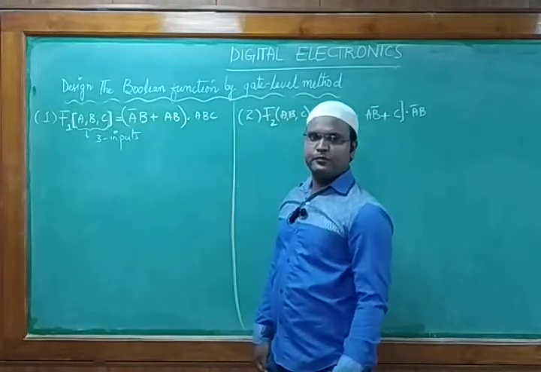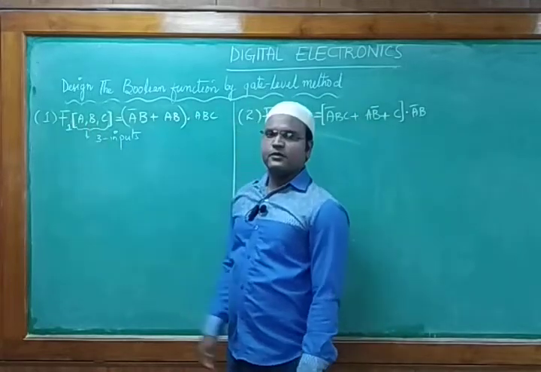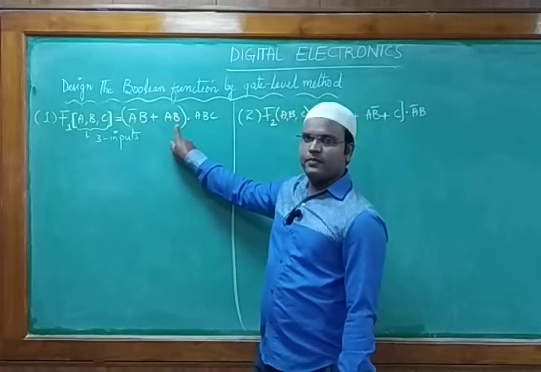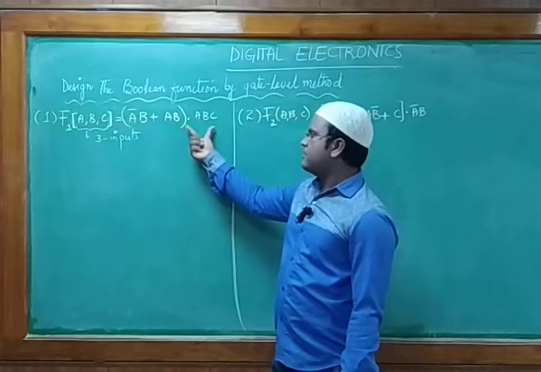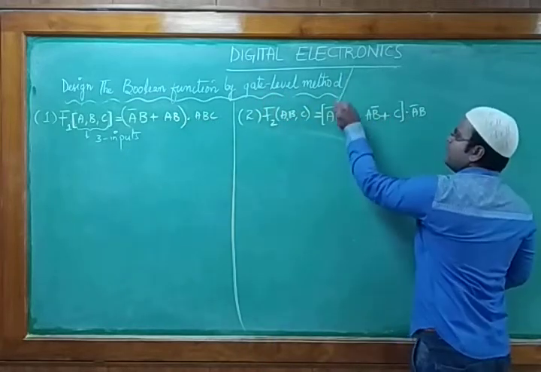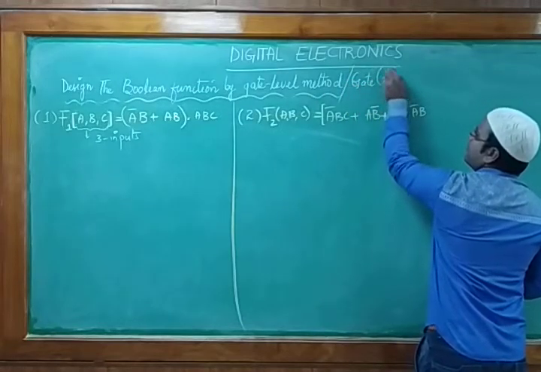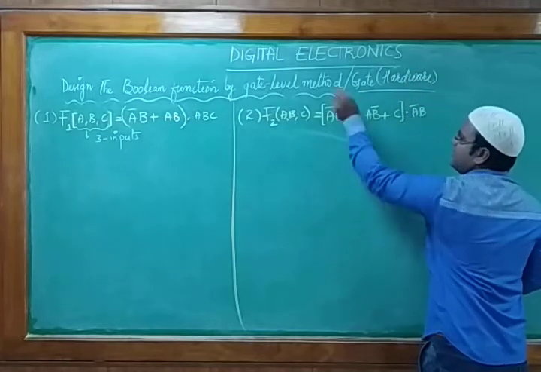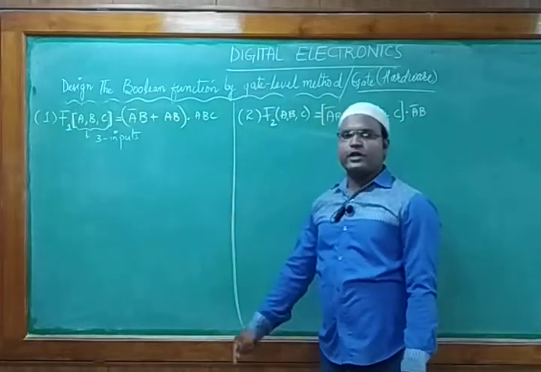Since we are proceeding with the vertical hardware approach, we have to use A, B, C. In this expression they gave you A bar B plus AB, then the whole function we need to multiply with ABC. They asked to design this by using gate level method, or what is the one more name for it? That is nothing but gate or hardware. So both our meaning is same. So we need to design by using vertical approach.